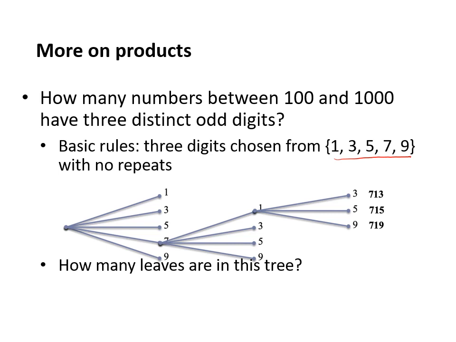So if we want to explicitly enumerate all of these, a nice way to organize it would be as this tree. In the first step, we're picking any digit from these 5 digits.